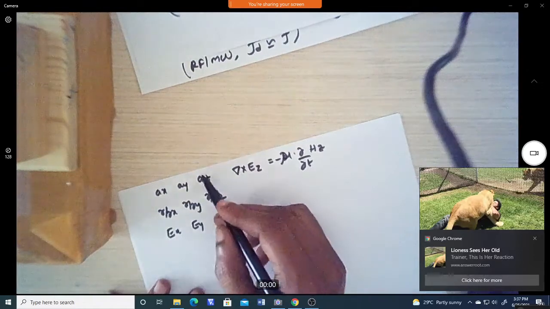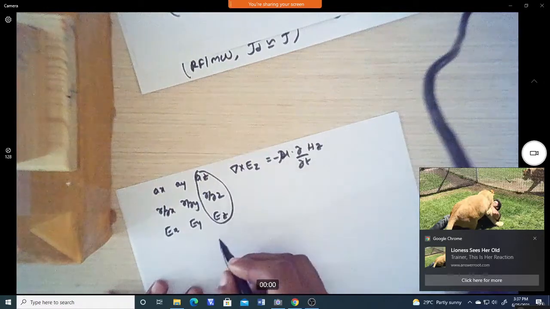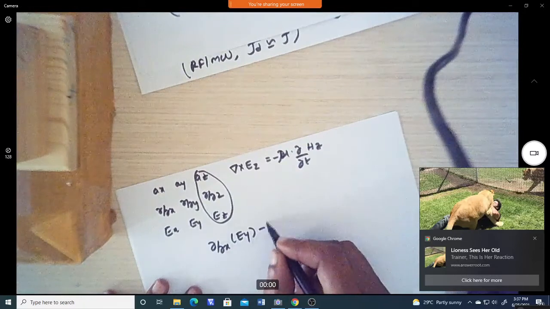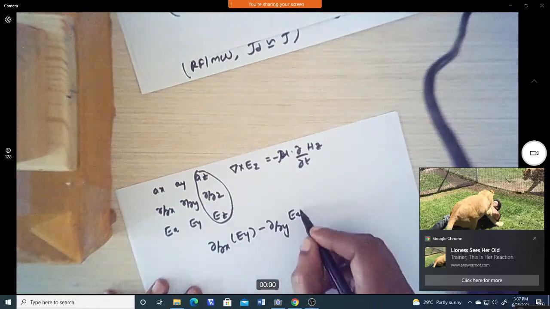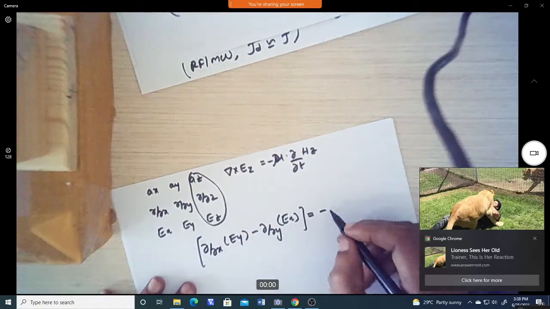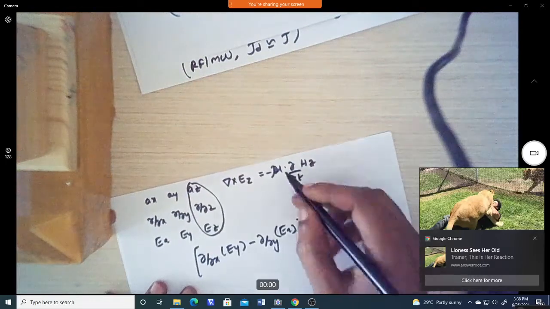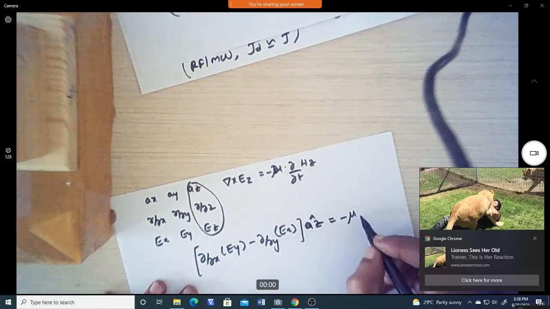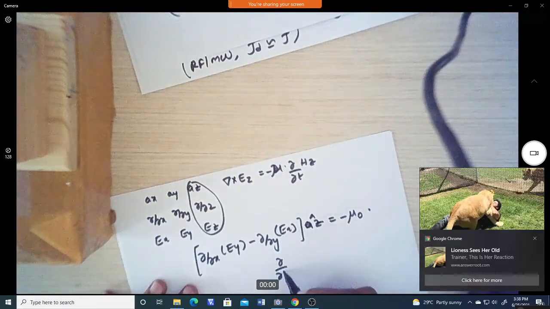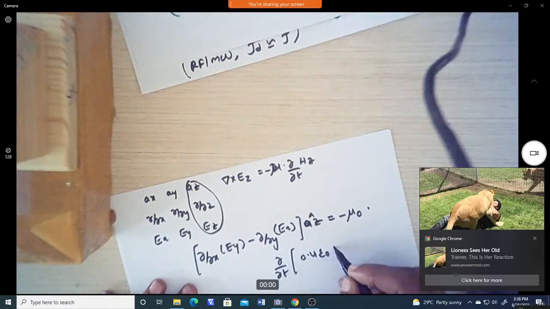Now if you take the z component, we are going to get del by del x of ey minus del by del y of ex, which is equal to, this is a z component, again minus mu, which we will assume as free space, mu naught into del by del t of Hz, whatever we got, 0.4 epsilon naught omega.